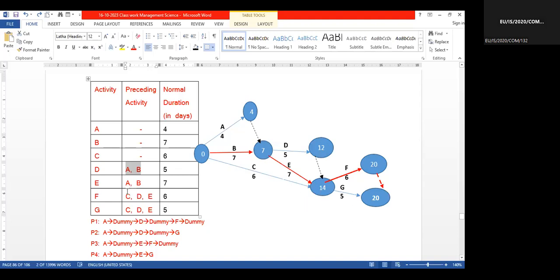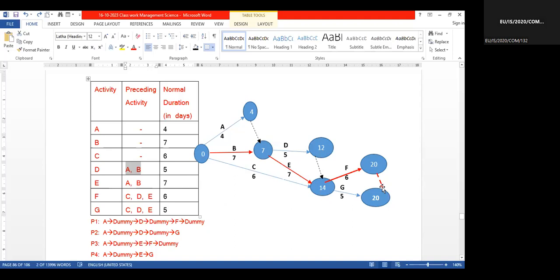Then you see that from C, D, E, there are three activities connected. So C can directly extend here, to E and D. D we cannot directly join, right? Therefore, a dummy is needed again, the second dummy. Then I put the dummy and then E, G, and F started. Then both are hanging, right?